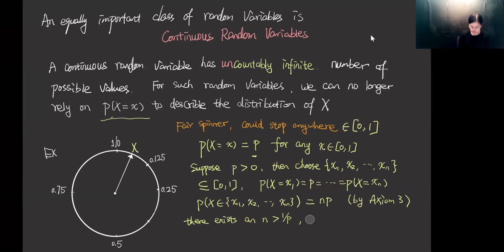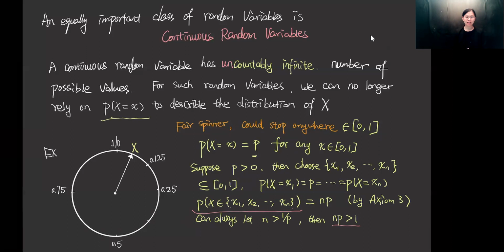You can always choose n distinct points like this, such that n is greater than 1 over P. Then nP is greater than 1, which is not good news, right? Because nP greater than 1 means the probability that X is one of these n points is greater than 1.